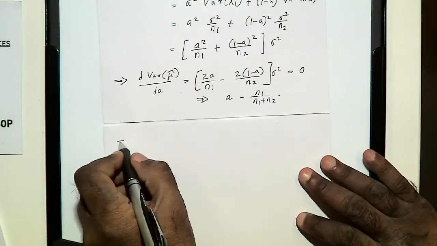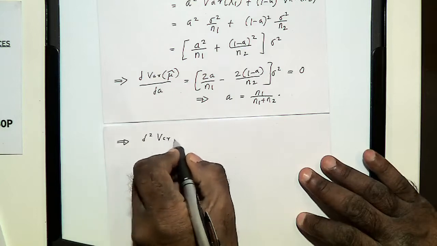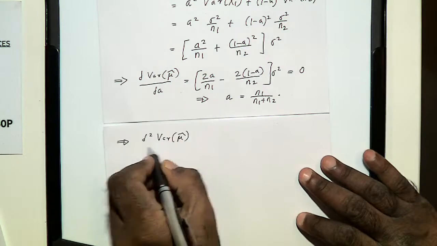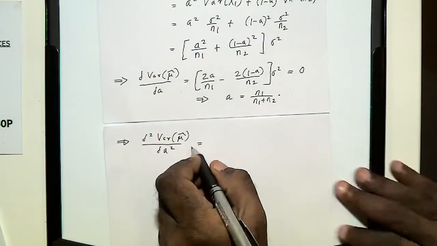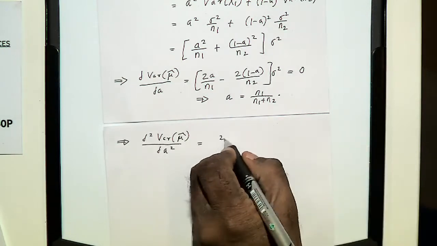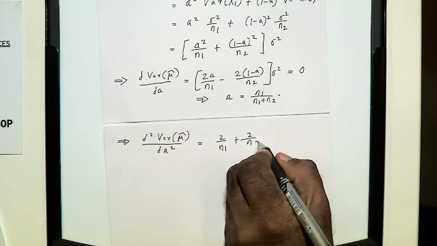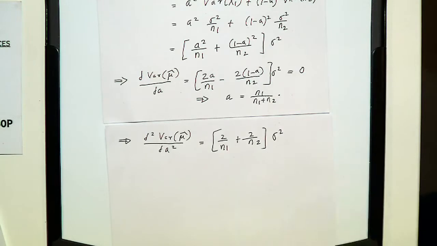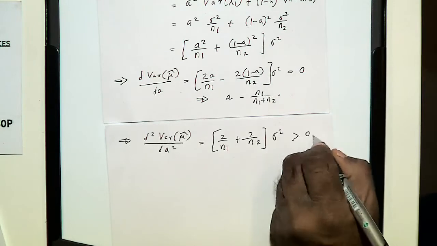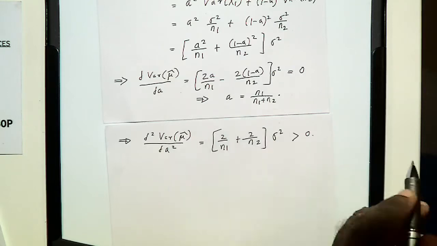So d2 of the variance of mu hat over da2. Differentiate it again, you get 2 divided by n1 plus 2 divided by n2 in brackets multiplied by sigma squared, which is clearly positive. Since the second order derivative is positive, this solution must correspond to a minimum.